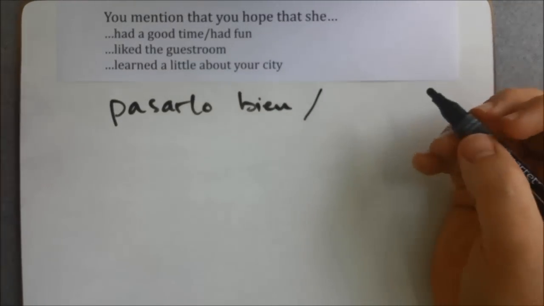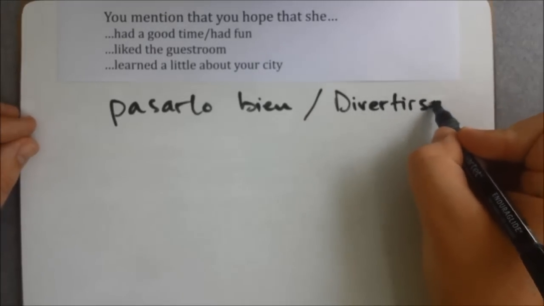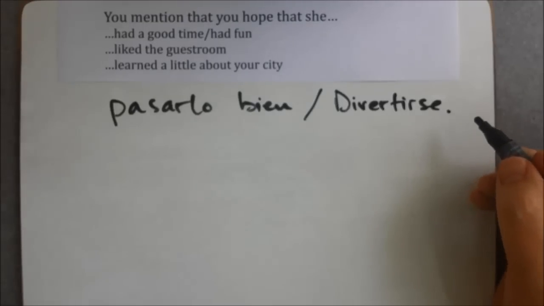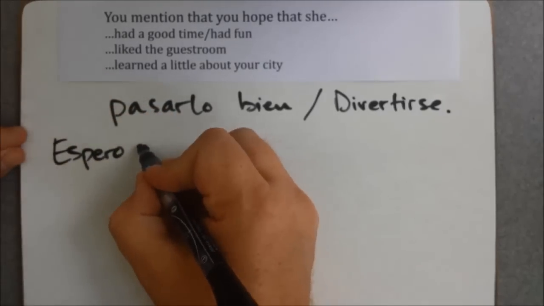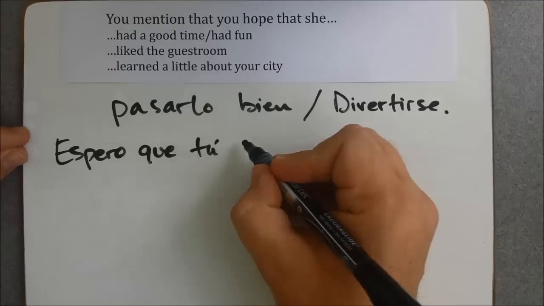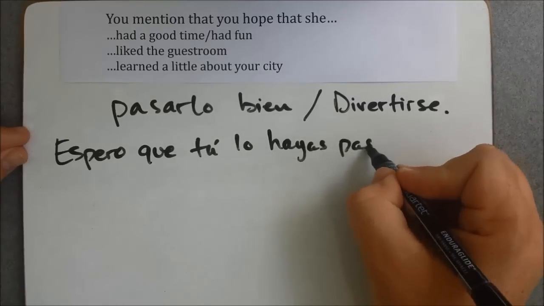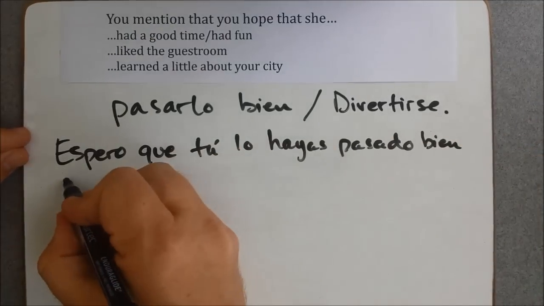Or you could use the verb to have fun, the verb divertirse. And we'll give a couple of examples with both. So you want to say, I hope you had a good time with us, right? Yo espero que, you're talking to Vanessa, tú lo hayas pasado bien con nosotros.